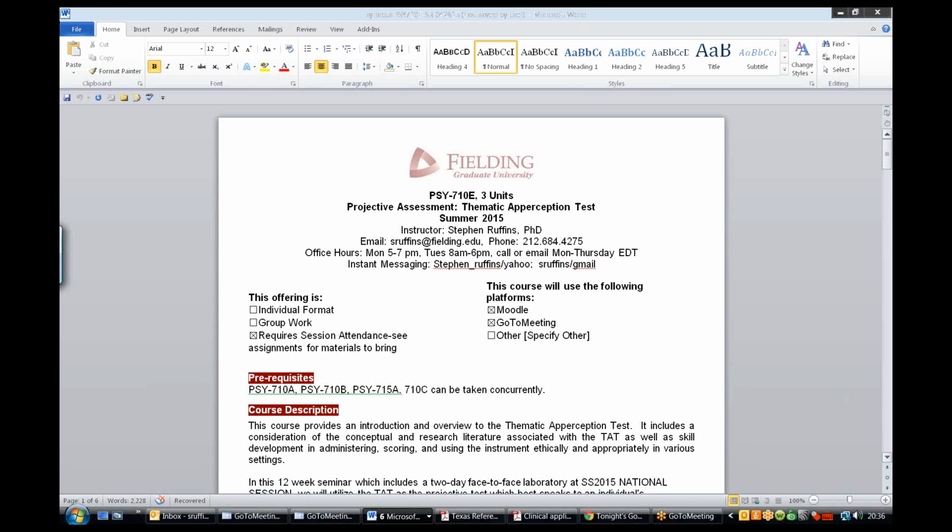So this is best not used for things like measures that have to do with achievement. What this will give you is the capacity in your test report to write 2 or 3 paragraphs about the person's internal representation of people, or their schemas of self and others. Okay, thank you.